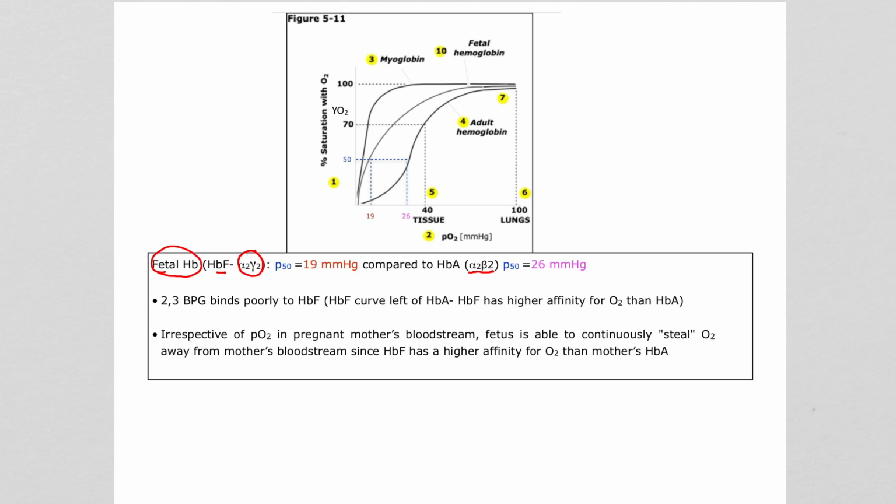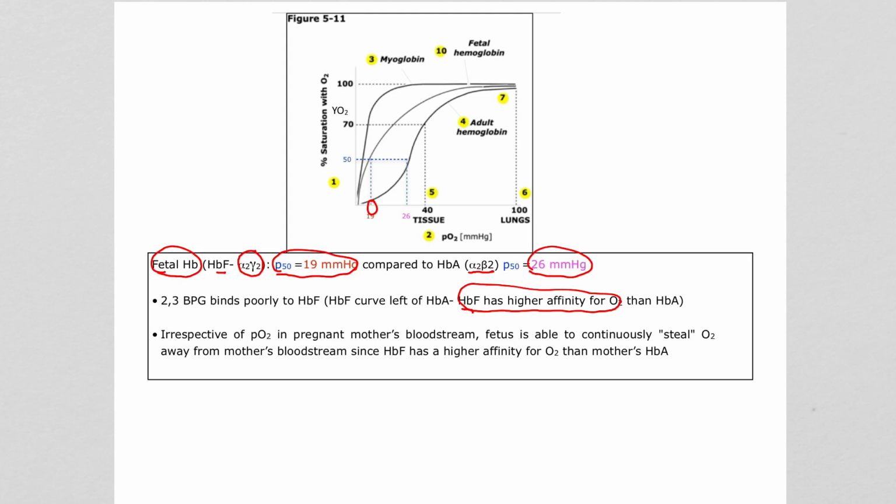Now, interestingly, the P50 for hemoglobin F is around 19. The P50 for adult hemoglobin, the mother's hemoglobin, is 26. That means hemoglobin F binds oxygen better than hemoglobin A. So the fetus hemoglobin has a higher affinity for oxygen than the mother's hemoglobin.